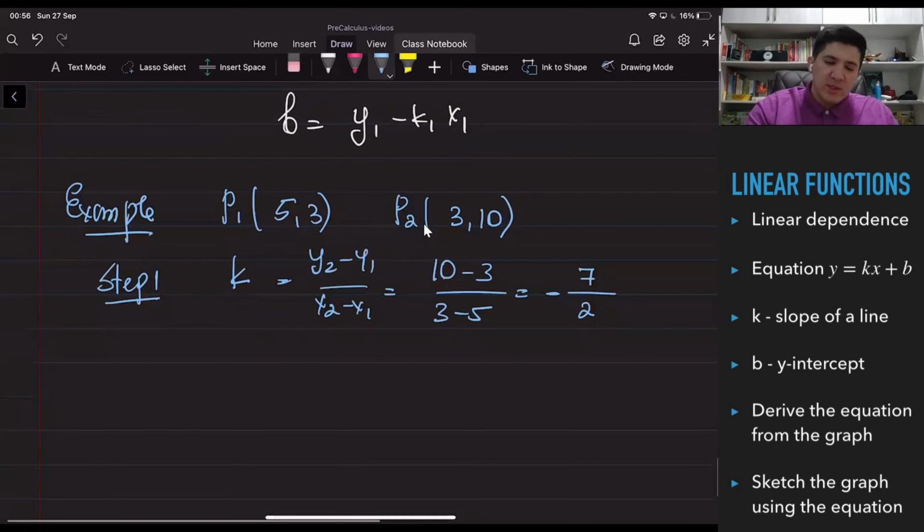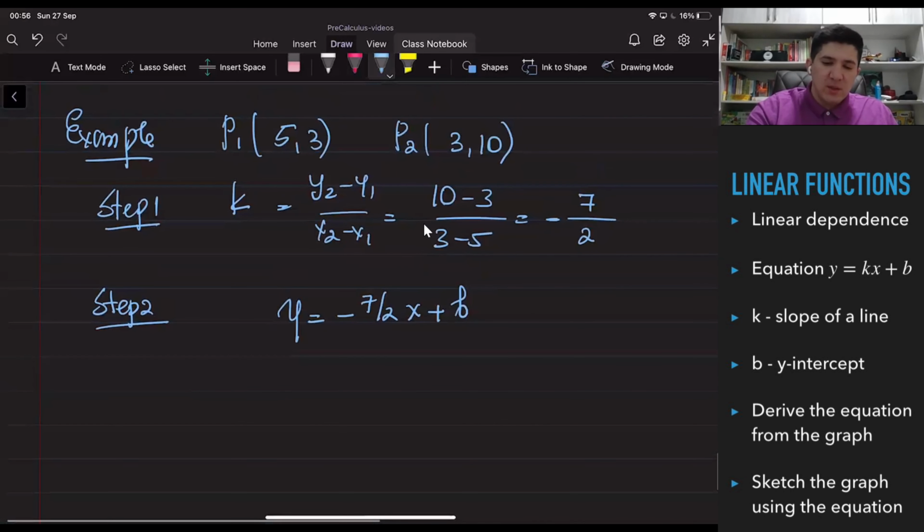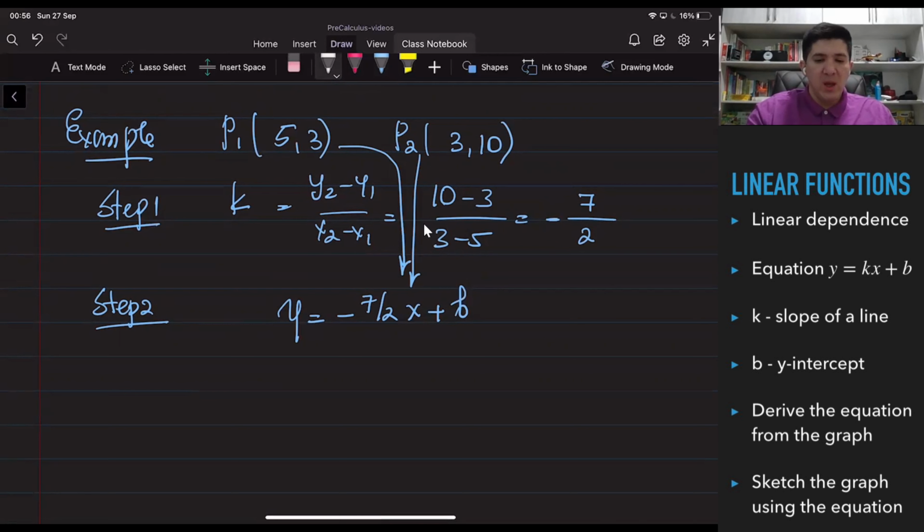Okay, so in step number 2, we know that the equation of the line is minus 7 over 2 x plus b, right? At the same time, I know that if I substitute the coordinates of one of the points into this equation, it should work since the points are on the line. So let's substitute the coordinates of the second point.